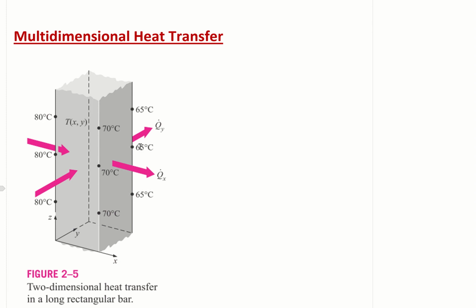So there's also a temperature gradient there, and that will drive heat transfer in the y-axis as well. So this is what we call two-dimensional heat transfer in a rectangular bar. You can have multi-dimensional heat transfer as long as there are temperature gradients on the different surfaces, and you can even have three-dimensional heat transfer as well.